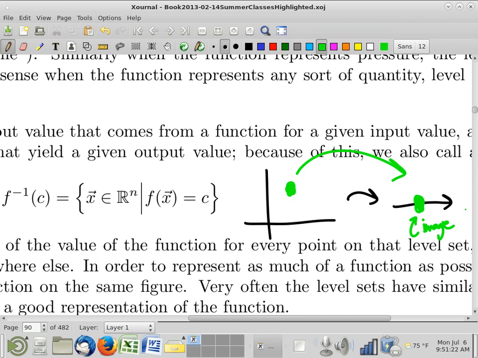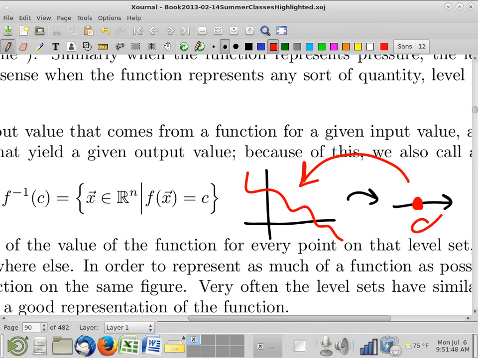So what we're doing with the level set construction here is kind of the opposite of that in some sense. In the level set construction, we're picking an output, and we're coming back to look for all of the input points, all the points in the domain x, such that when you put them into the function, you get this c out.